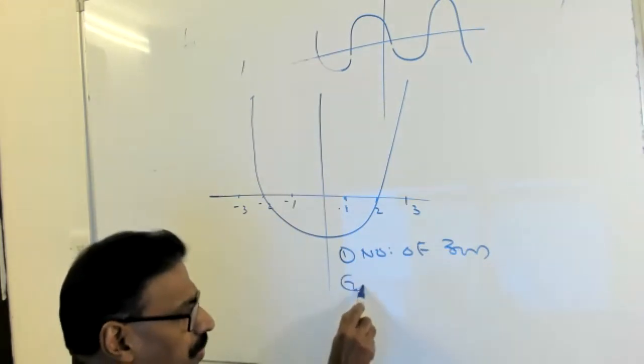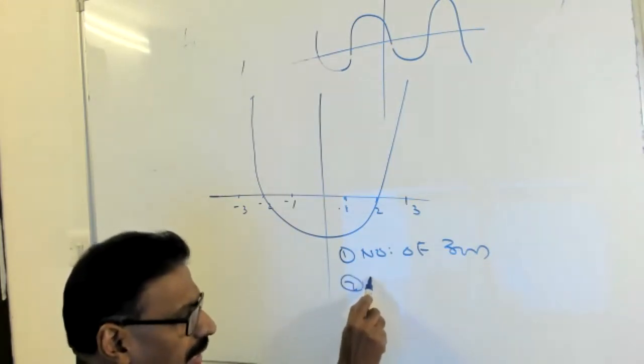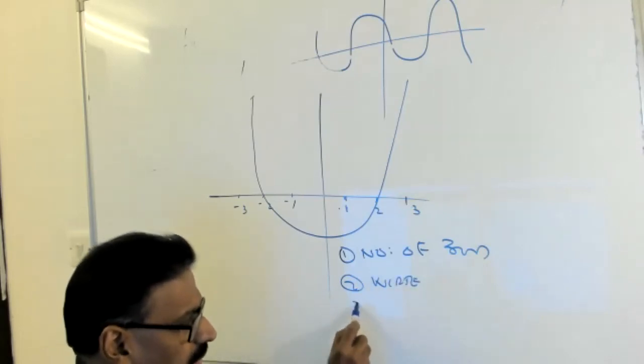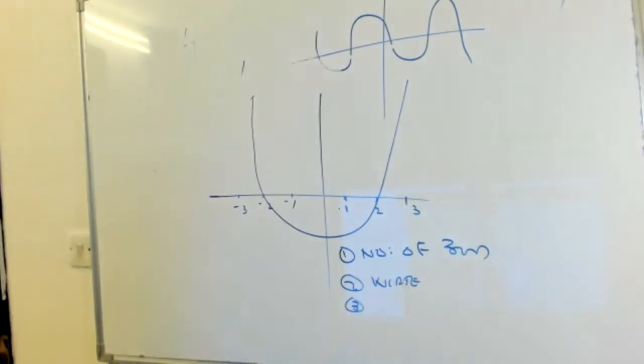Question number 2: write the zeros. Question number 3: coordinates of the zeros.